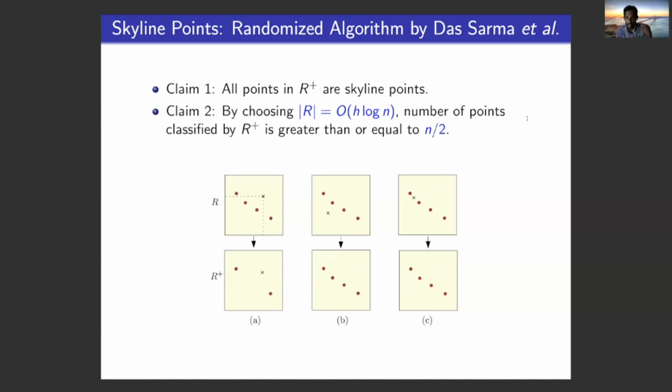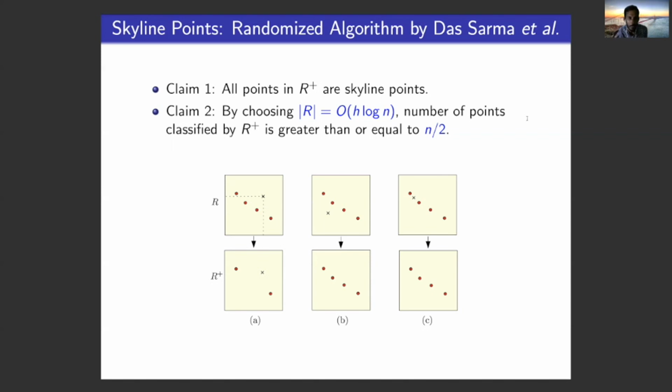So what Das Sarma et al. claim is that if you choose a sample size in the first pass of order h log n, then in expectation, the number of points that are classified by R plus is greater than or equal to n over 2. To remind everyone what classified means, we have this set R plus.